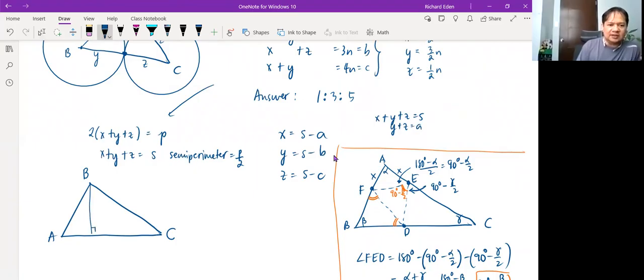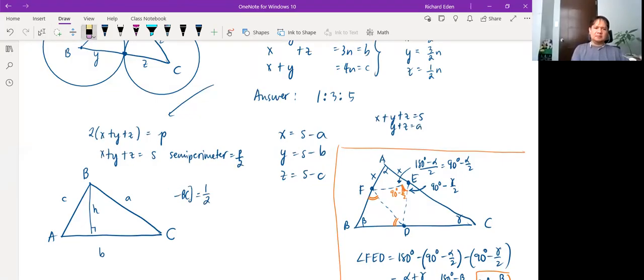As usual, this is A, this is C, and down there it's B. And then let's call this H. So the area of triangle ABC is 1/2 base times H.